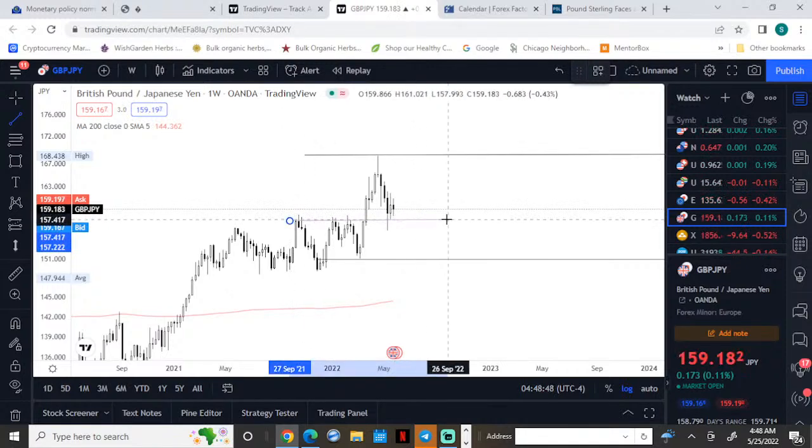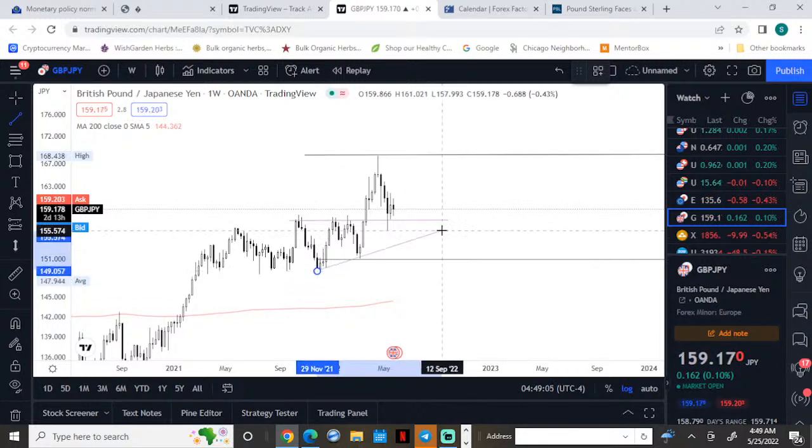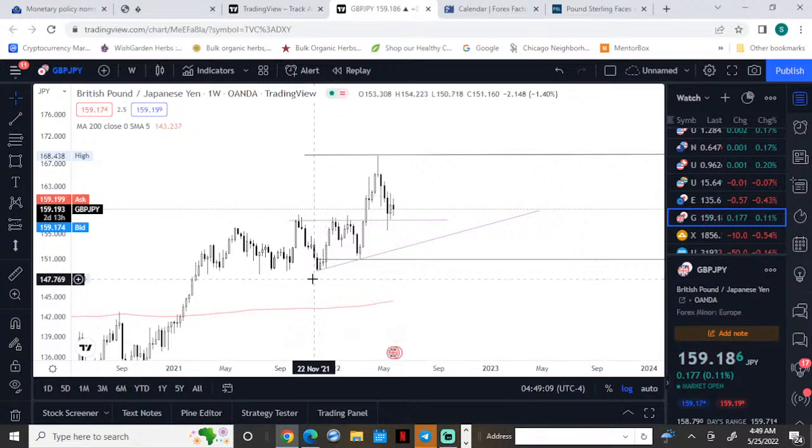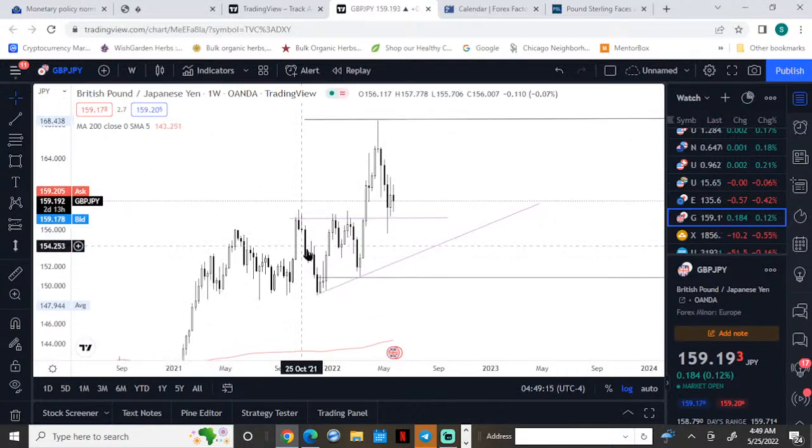Right here. There we go. I don't see anything else up in here that I would mark. I do see a trend line though. So I got one touch here, two touch, 1, 2. I'm gonna mark that weekly.